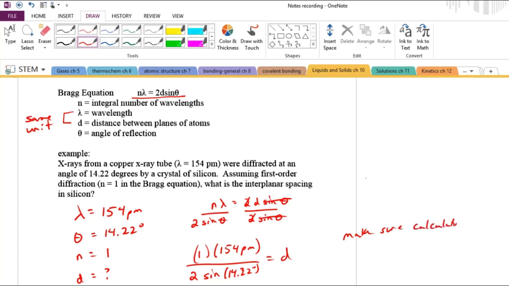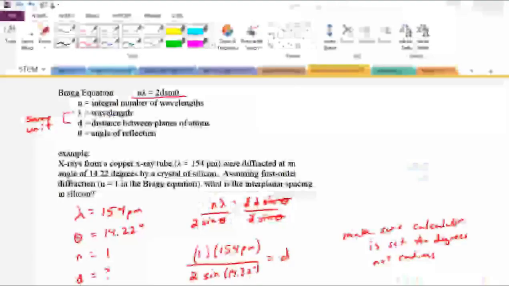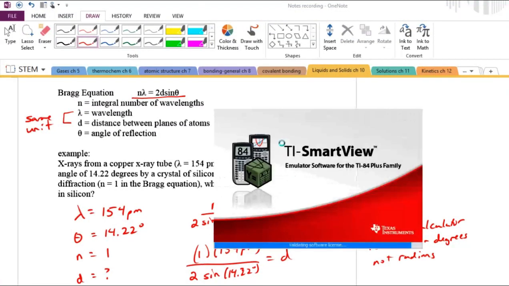Make sure your calculator is set for degrees, not radians. So let's calculate this.